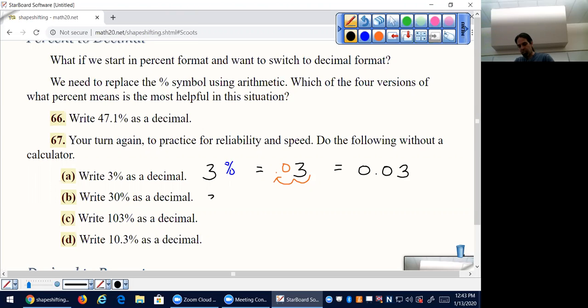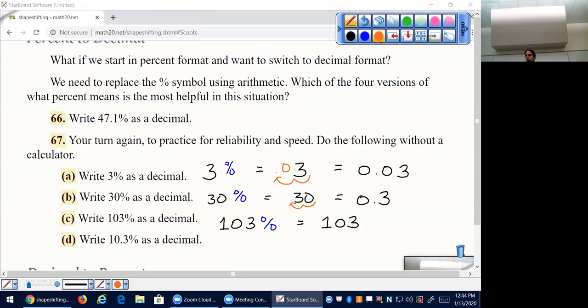Okay, 30%. What's going to happen now? Where's my decimal point going to land? 1.2.